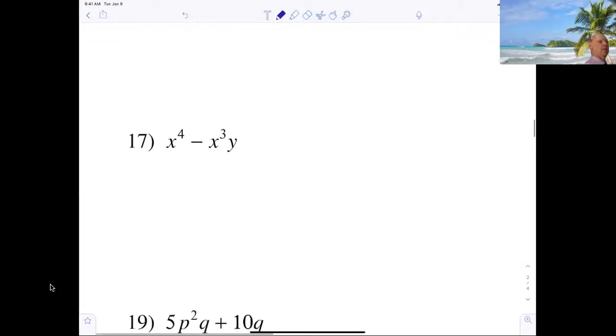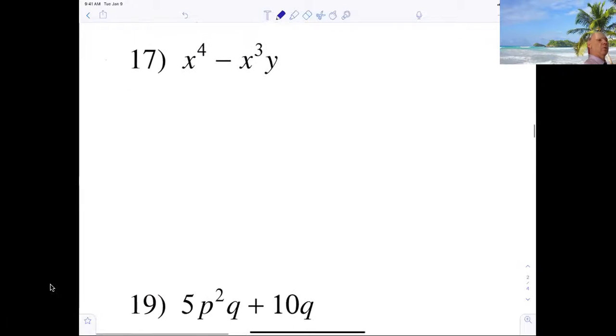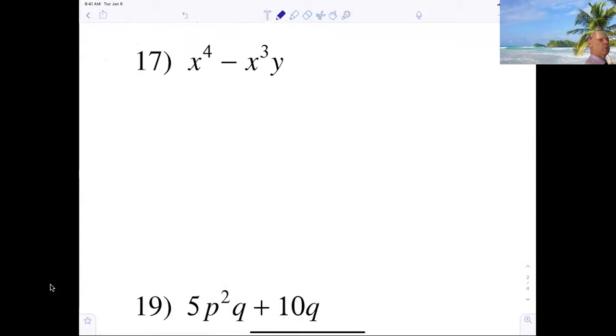All right, Emiliana, go. It's x, and then open parentheses, x cubed. How many x's are here? How many x's in this bucket? So the GCF, G stands for greatest you can take out.